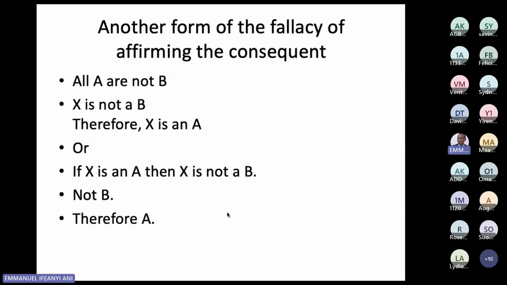The second negative is affirming the first negative. So that is another form of the fallacy of affirming the consequent. In case you see this in an examination or a continuous assessment, you know what it is so that you don't get caught by surprise.